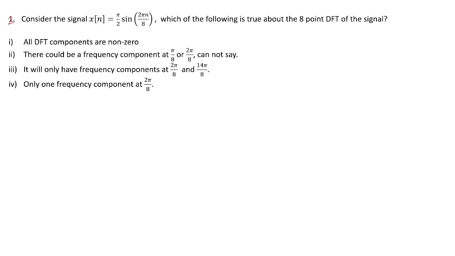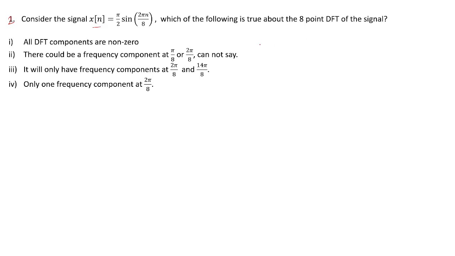Let us move to our second question. You can see we have been given a discrete time signal, a sinusoid, and the question asks which of the following is true about the 8-point DFT of the signal.